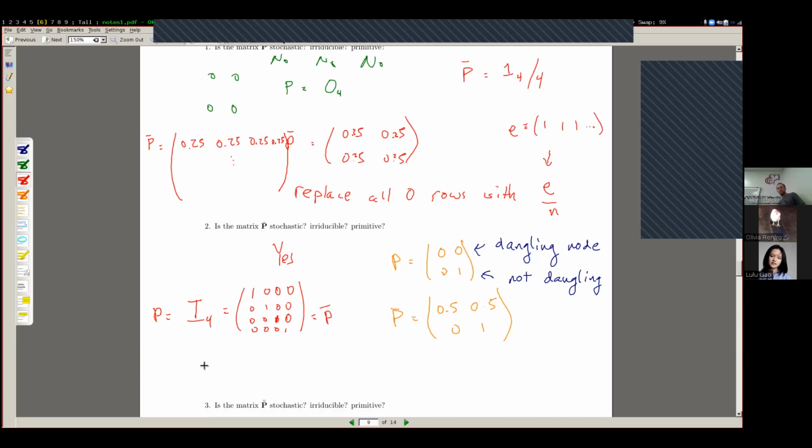And if we were to plot out the graph for this, we'd have these 4 nodes right here, and they would all have edges to themselves like this. But there's no edges anywhere else. And so no matter where you are, you're going to be stuck. And so it is in fact reducible. So not irreducible.